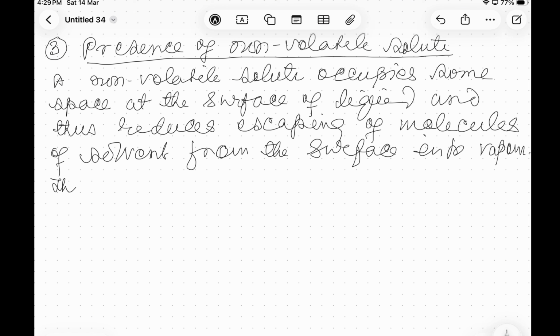This causes decrease of vapor pressure of solution.